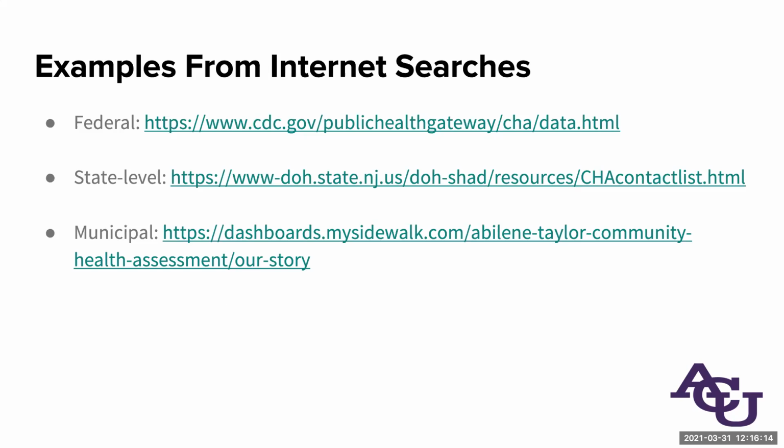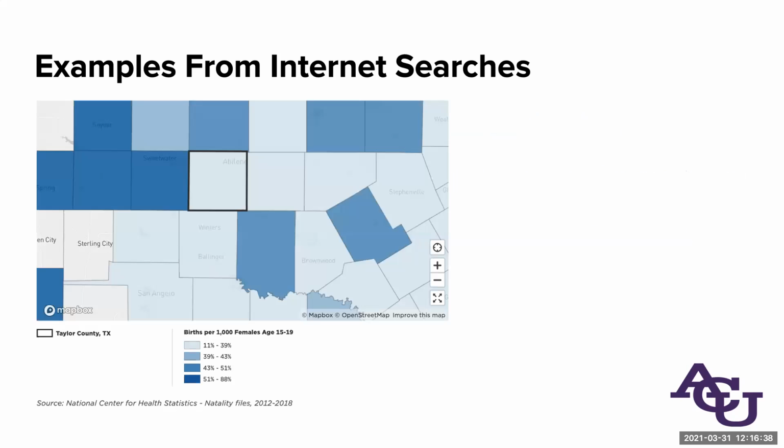So here are just a couple examples that I found of some gateways to data that you can find just with a quick internet search, looking for data at the federal level, the state, or the municipal. If you'd like to look at a community around our mother campus in Abilene, Texas, you can follow that last link there.